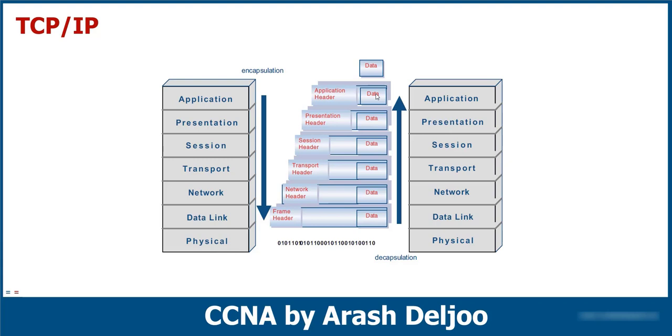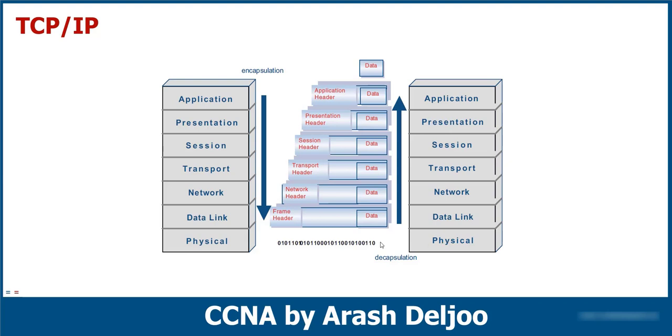As you can see here, in each layer we are adding one header to the original data: application header, presentation header, session header, transport header, network header, frame header, and also here we have one trailer. After that, the data should be converted to bits and forwarded to the physical layer.